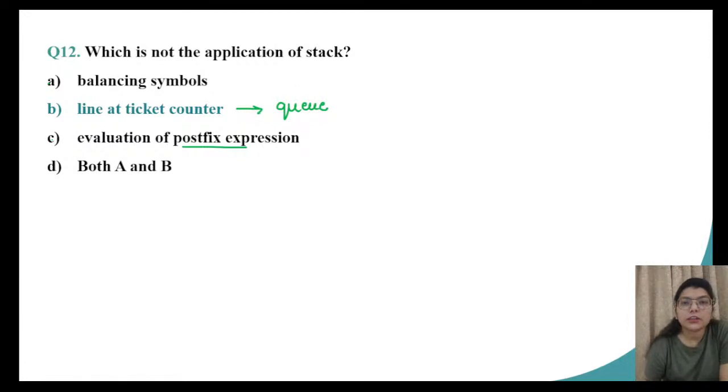Now, tell me, stack is LIFO or FIFO? And what is Q? Q is FIFO, first in, first out, right?